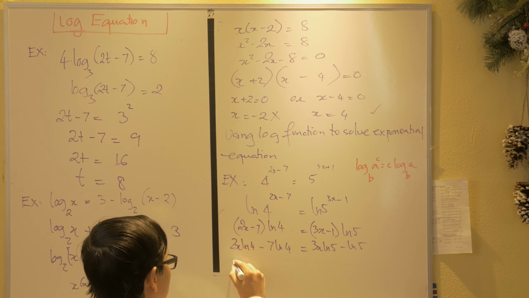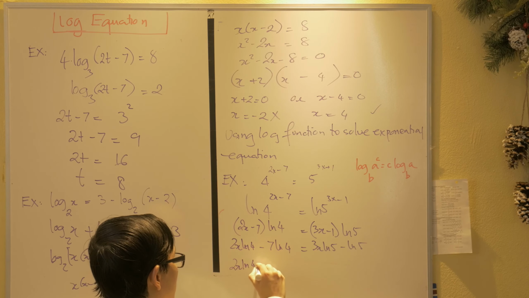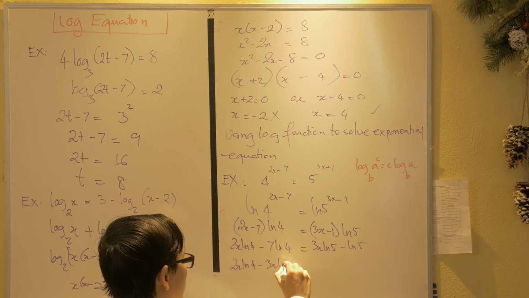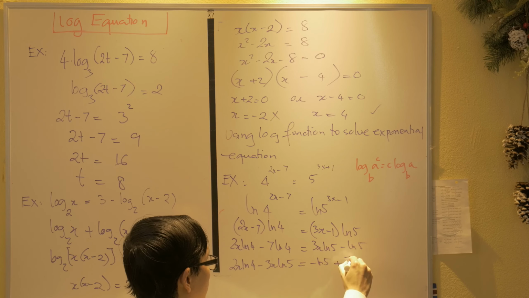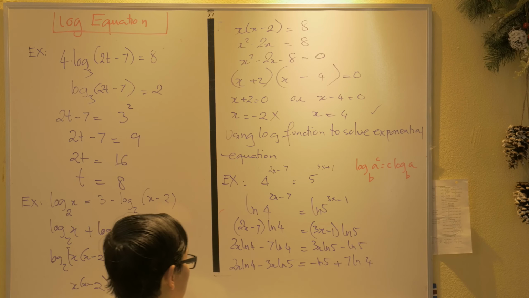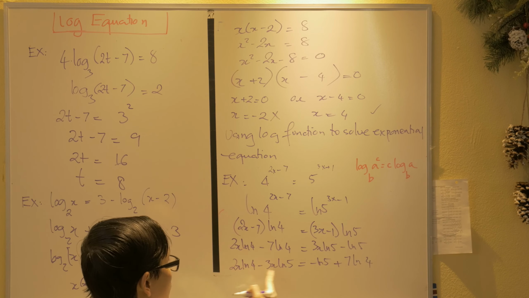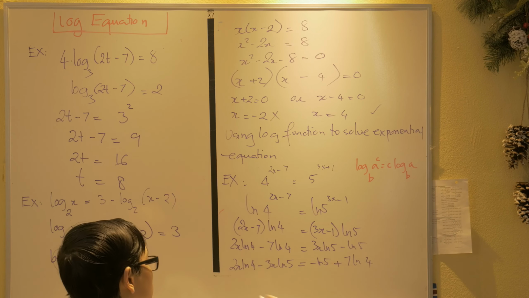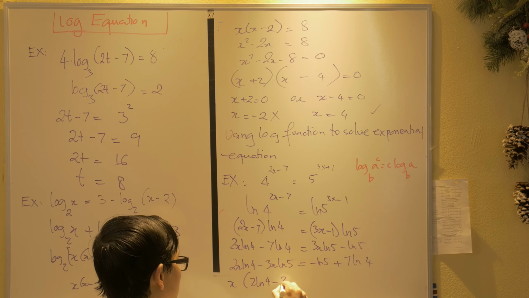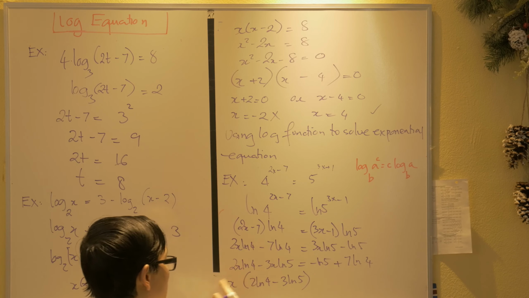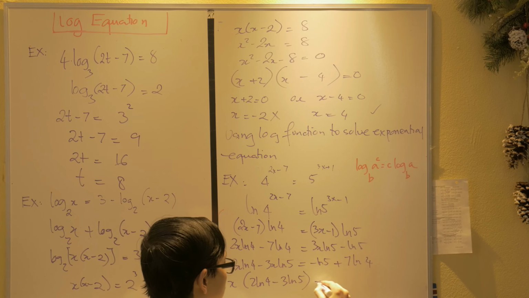So I have 2x ln 4 minus 3x ln 5 equal to ln 5, and I bring 7 ln 4 over here. Then I need to solve for x, but x is common, so I factor x out. So I have 2 ln 4 minus 3 ln 5 times x, I factor the x out, and what I have left is 2 ln 4 minus 3 ln 5.